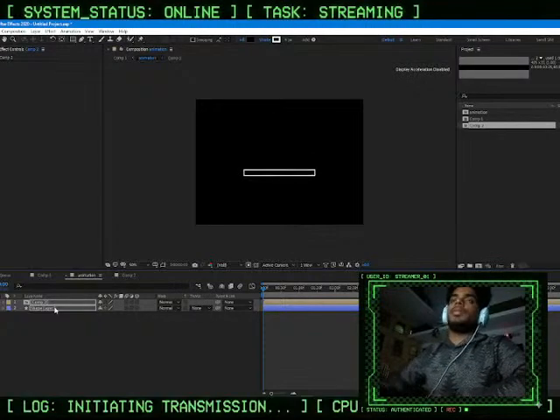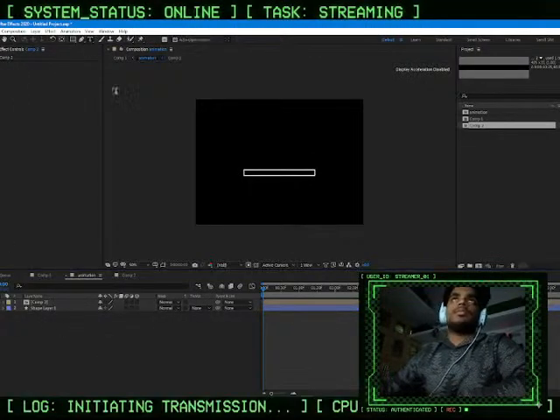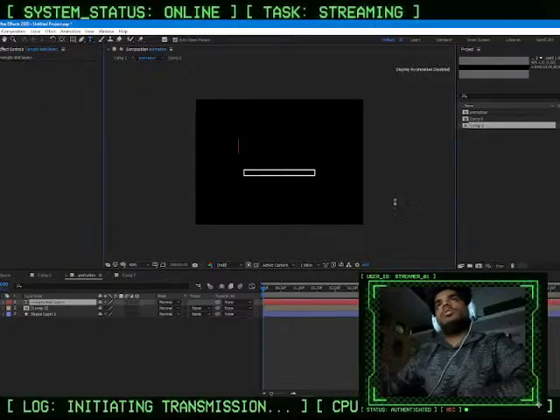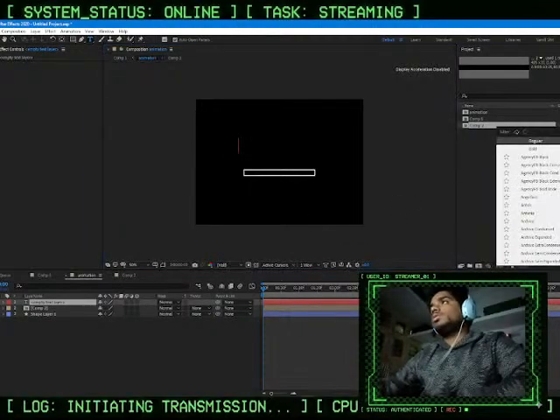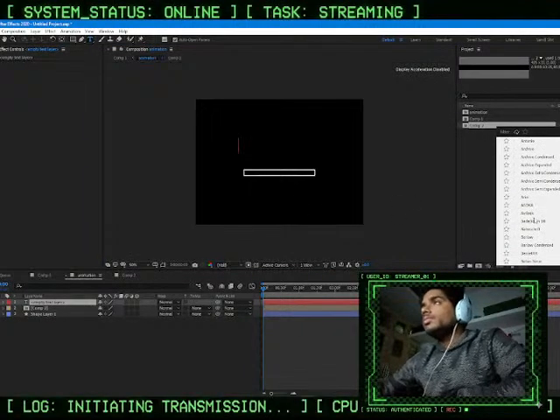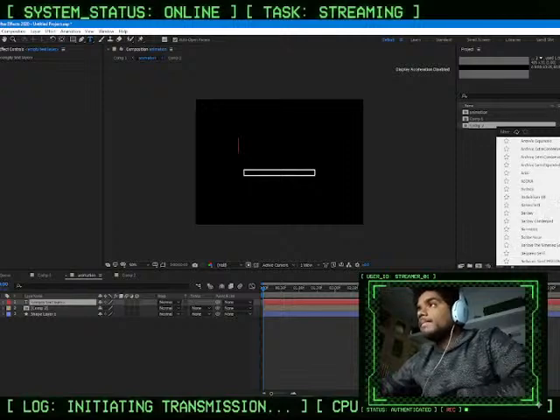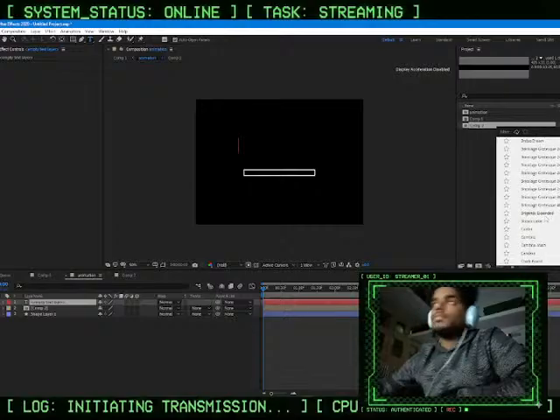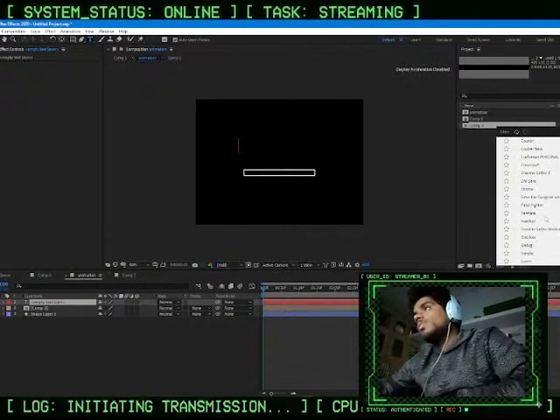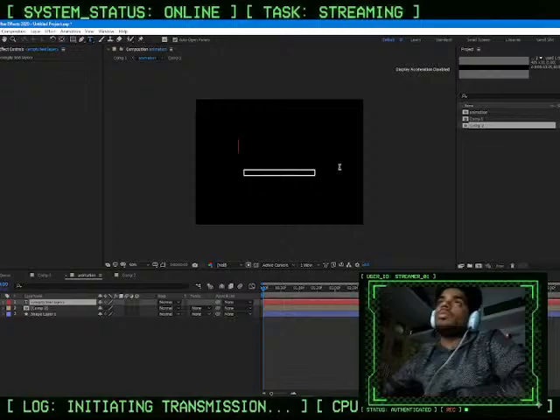Information written down. Yeah, you go to the text tool and I think I'll go with Lucida Console.